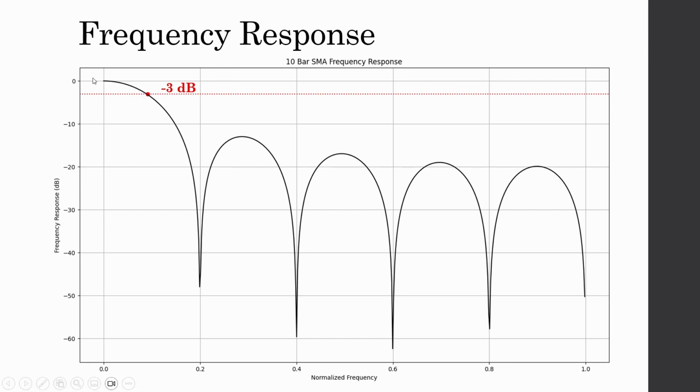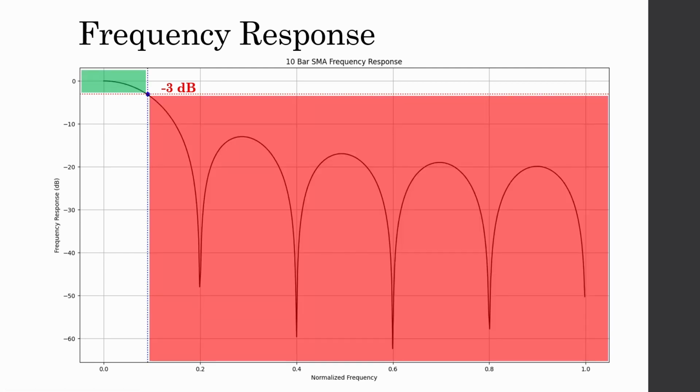Everything above is going to be reduced slightly, you can see, but not very much compared to the rest. Just as we established the power level at which that cutoff happens, we can also establish the frequency at which that happens. And that is called the cutoff or the critical frequency.